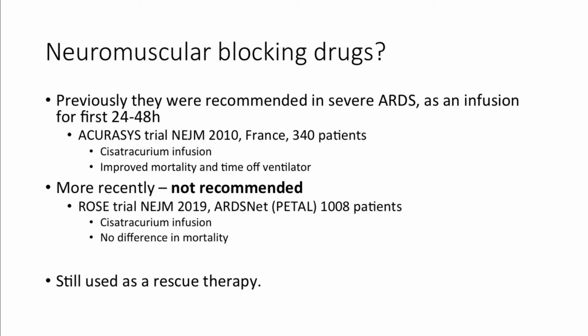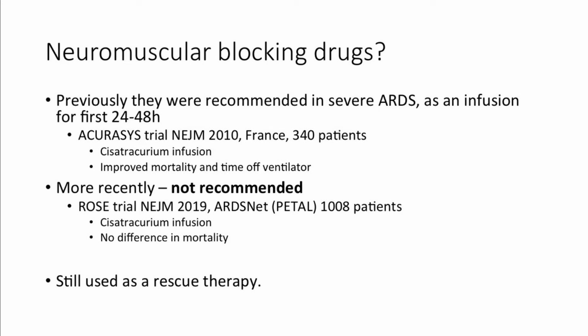Previously, we used to use neuromuscular blocking drugs quite freely for the last decade after a paper came out from France where they had patients with severe ARDS and they randomised them to cisatracurium infusion versus not, and they found a really impressive reduction in mortality, an unbelievably good reduction in mortality.